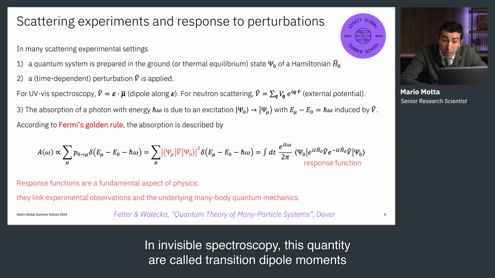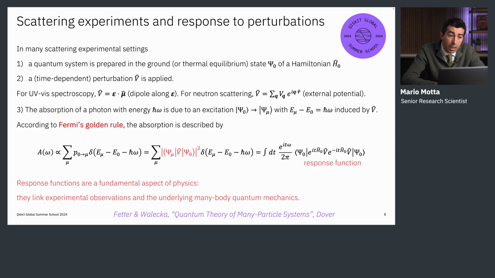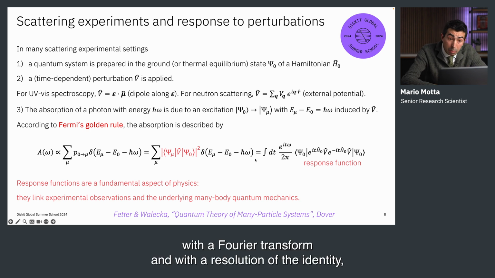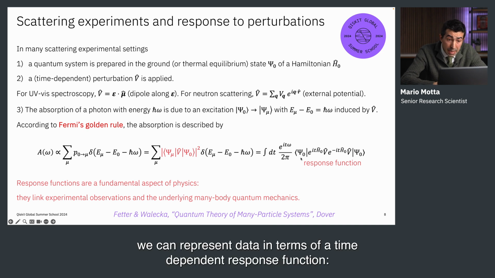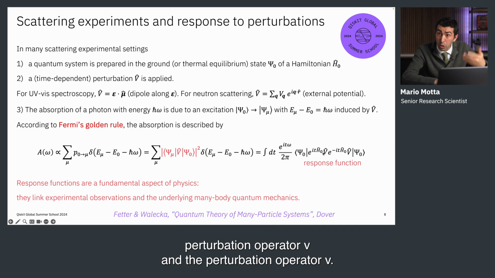In UV-visible spectroscopy, these quantities are called transition dipole moments, and they are related to the oscillator strengths. This form is given in frequency domain, but with the Fourier transform and with the resolution of the identity, we can represent it in terms of a time-dependent response function, a ground state expectation value of the product between the time-evolved perturbation operator V and the perturbation operator V.